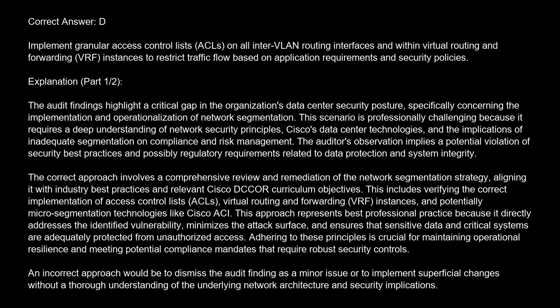This approach represents best professional practice because it directly addresses the identified vulnerability, minimizes the attack surface, and ensures that sensitive data and critical systems are adequately protected from unauthorized access. Adhering to these principles is crucial for maintaining operational resilience and meeting potential compliance mandates that require robust security controls.